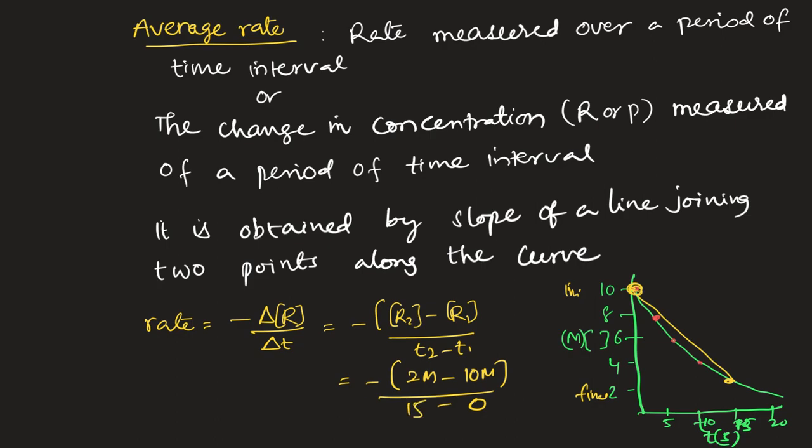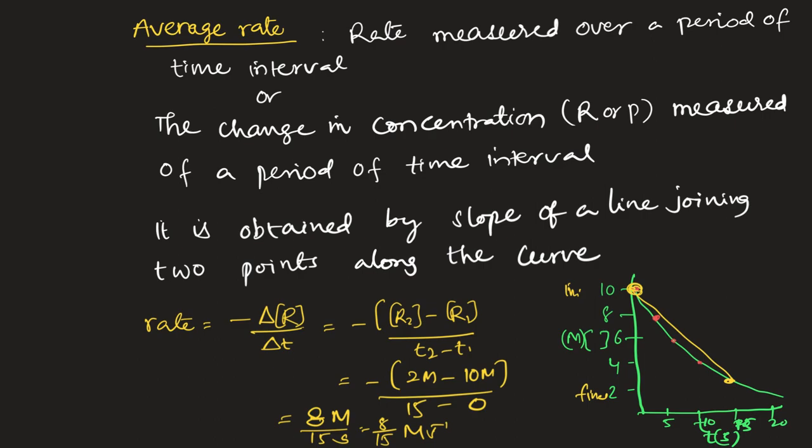Then the answer will be minus 8, minus into minus is a plus, therefore it is 8 in the numerator. Denominator is 15 minus 0, that is 15. Unit is molar, and for example seconds is taken for time. So this is 8 by 15 M second inverse, that is the average rate.